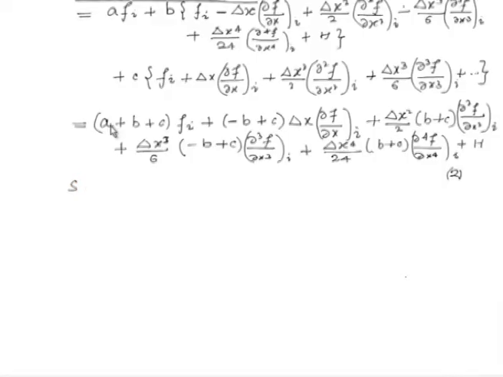Substitute into equation 1. So what we will get? Del 2f over del x square. That's what we get on the right hand side.